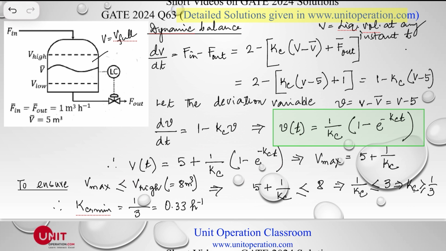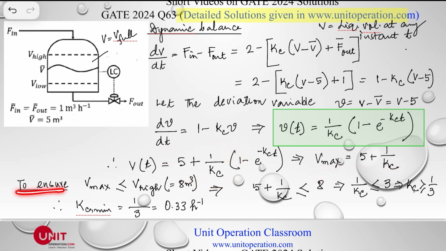Okay. And of course, we can see at time t equal to infinity, V max is going to be equal to 5 plus 1 over Kc. So this term would be equal to 0, and this is equal to 5 plus 1 over Kc here, right? So that is V max.